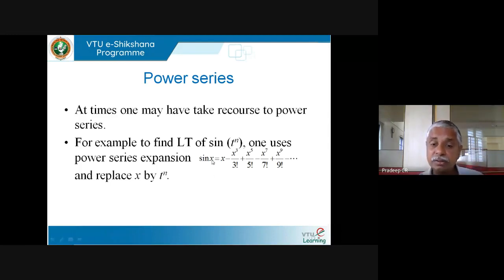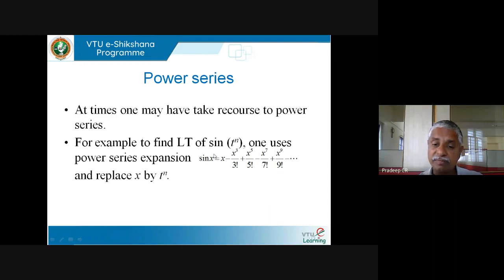So there you have to use the Taylor or Maclaurin series. The sin x series is x minus x cubed by 3 factorial plus x power 5 by 5 factorial, etc. If I put x to the power n, let's take an example, n equal to 2, that means sine of t square. Sine of t square is t square minus t square whole cube, that is t power 6 by 3 factorial, plus t square whole power 5, t power 10 by 5 factorial, etc.